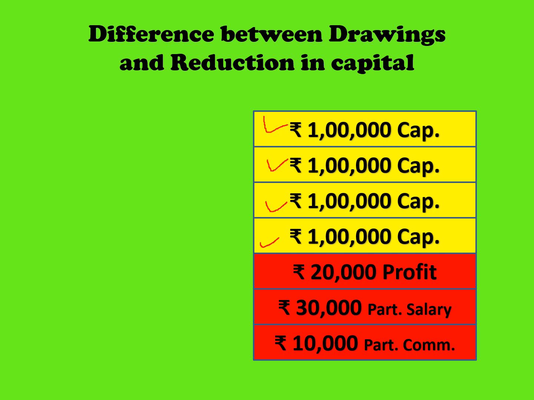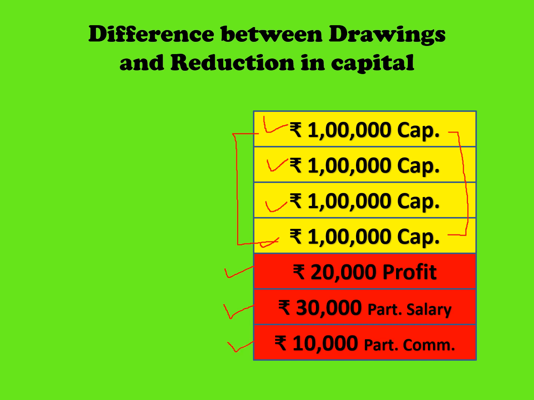In total, 4 lakh rupees he has introduced in his business as capital. So 4 lakh rupees is the capital amount. Then he has got 20,000 rupees as share in profit, then 30,000 as a salary from the firm, then 10,000 he has received as commission.